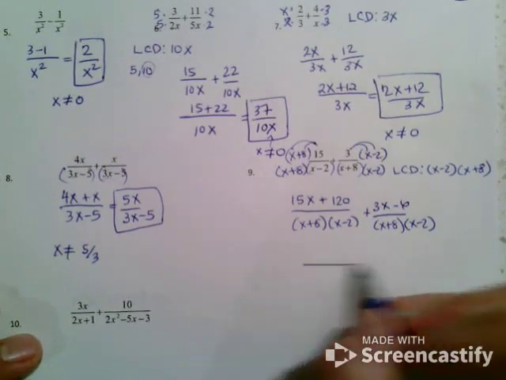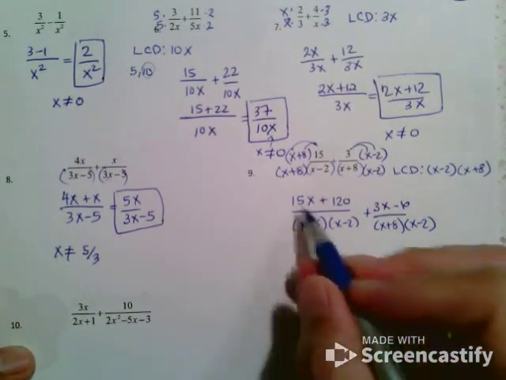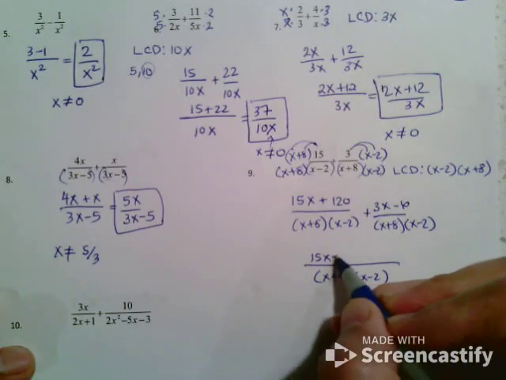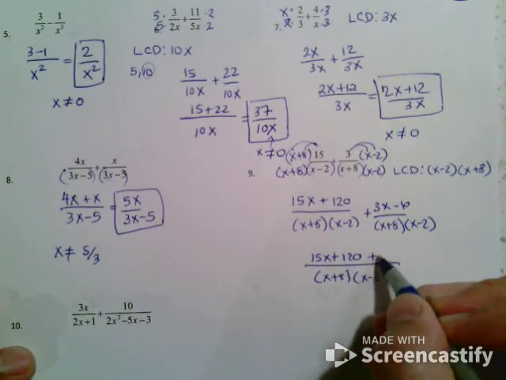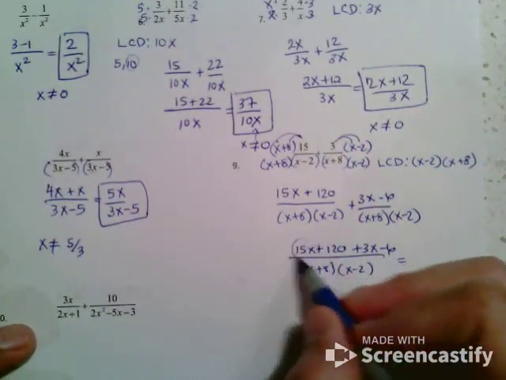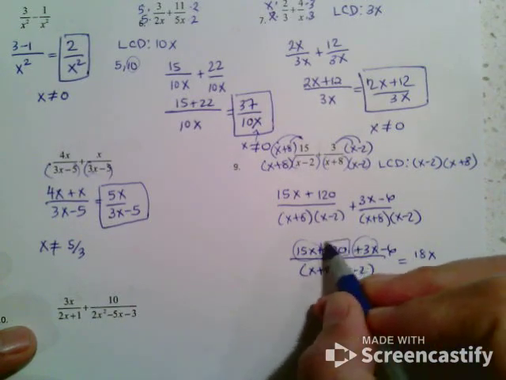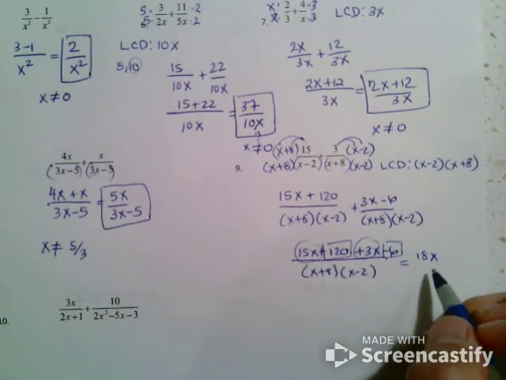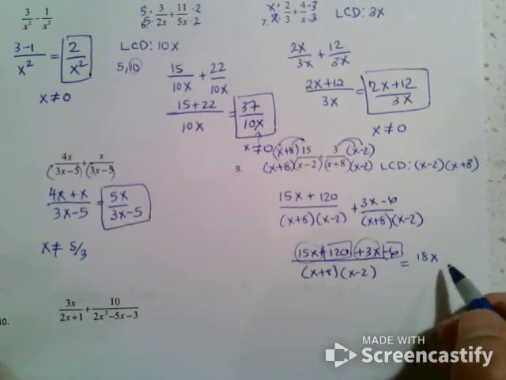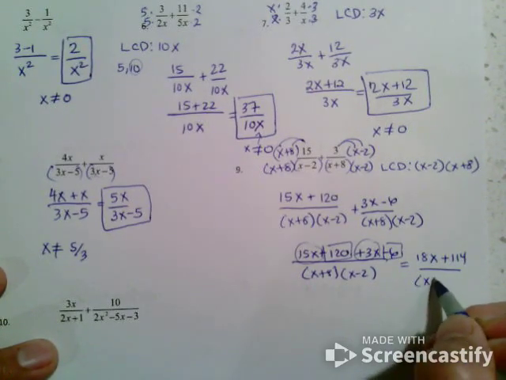Okay, now you keep the common denominator, and then you just add or subtract across. Okay, and then combine your like terms. And that's your answer.